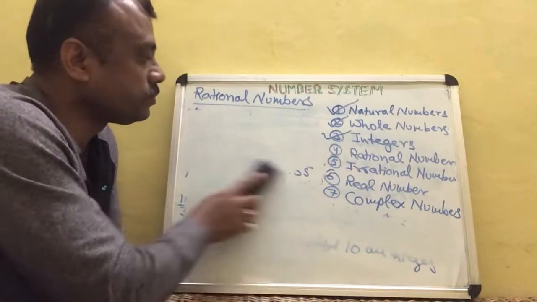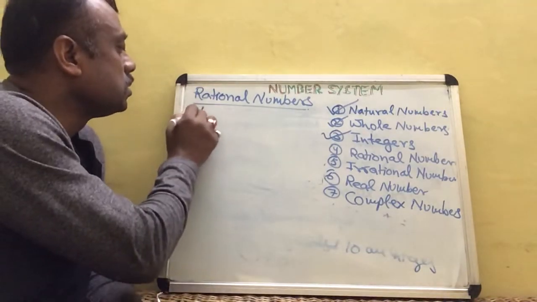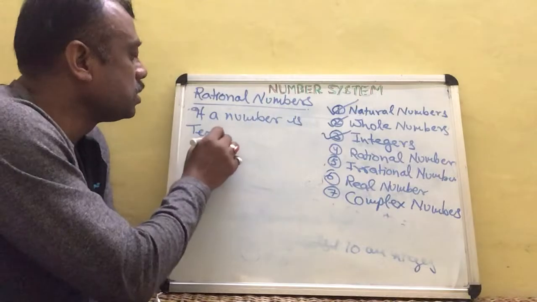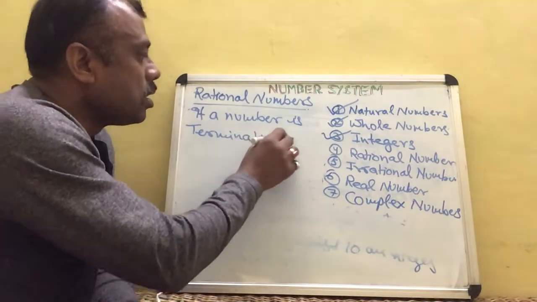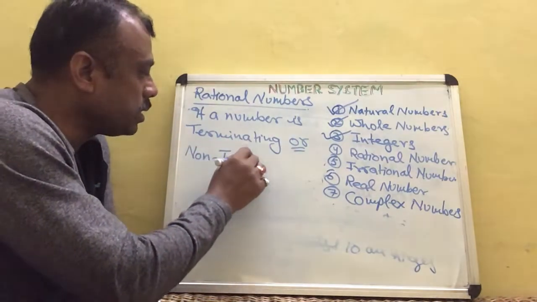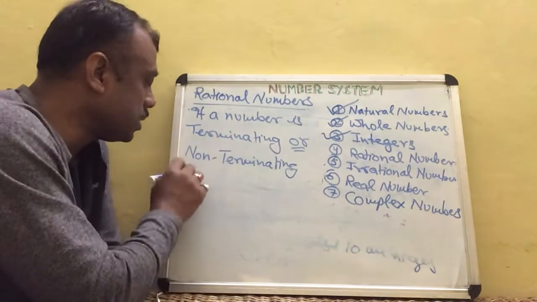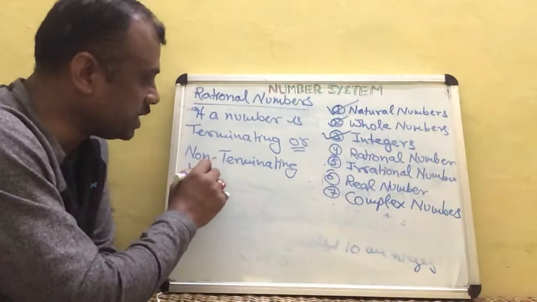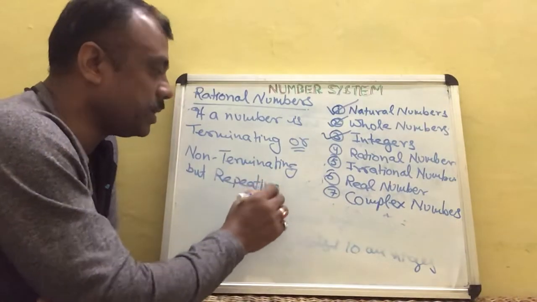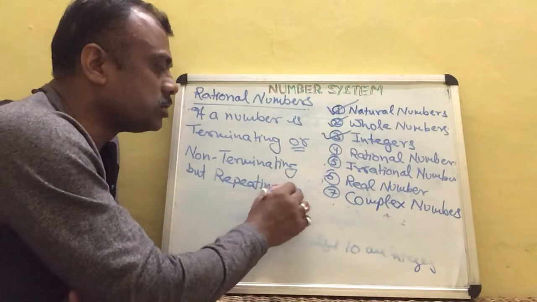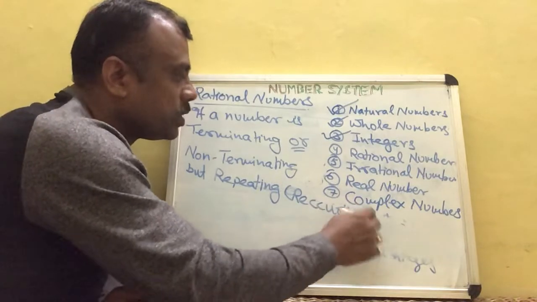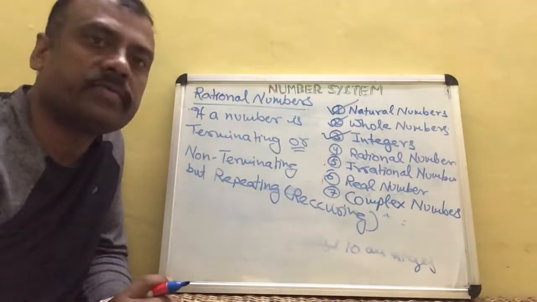If a number is terminating, or non-terminating but recurring, you can say recurring or repeating, both words are the same, then this type of number is rational. This is another definition of the rational number.